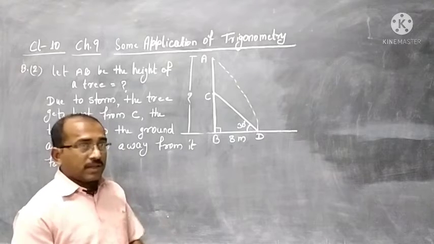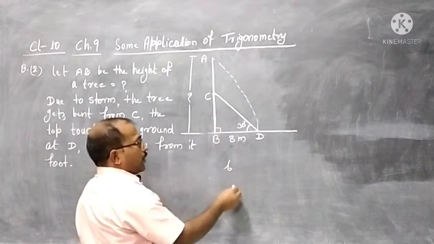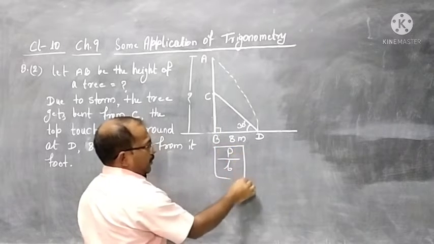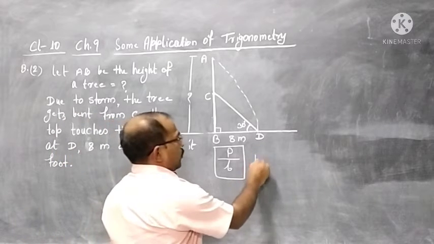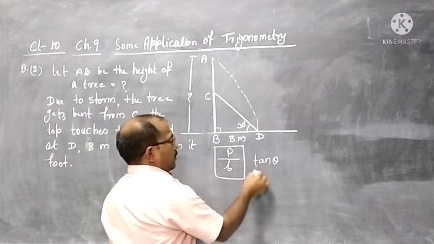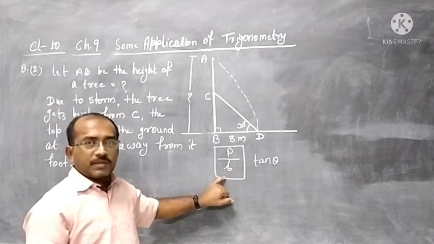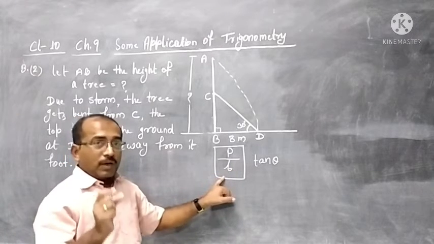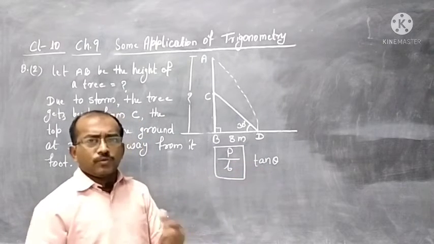So, now let us think, I have the base here and I need to find the perpendicular. So, perpendicular and base, which ratio gives us that? Surely you all will know the tan gives us the ratio between perpendicular and base, and this is the clue we will use. Here most of the children get confused about which ratio is to be used.